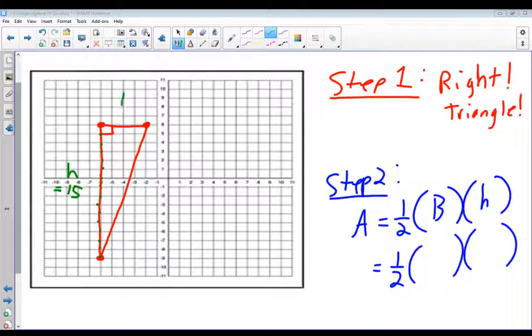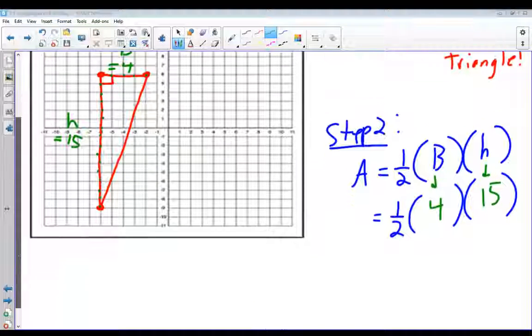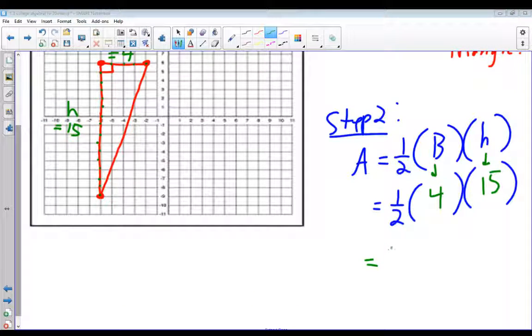And then that should make this the base. And the base is 1, 2, 3, 4 units. So there you go. Your base is 4 units. Your height is 15. Now you can just plug and chug to solve. So you'll have 1/2 times, well, if you do 4 times 15, that's 60.